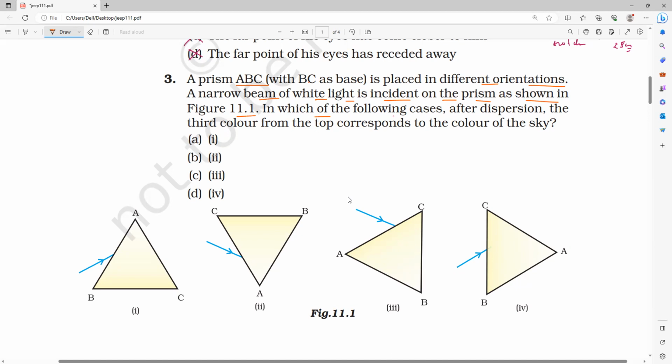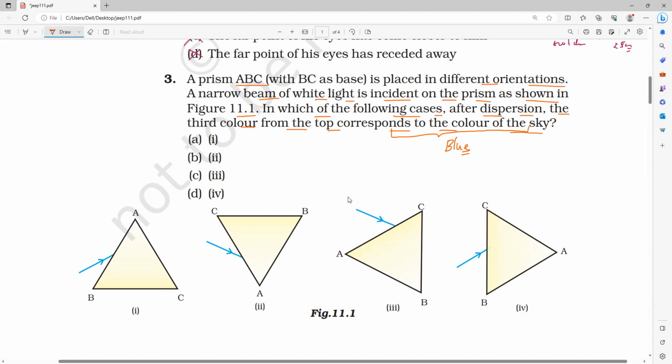In which of the following cases, after dispersion, is the third color from the top corresponding to the color of the sky? Be very careful. What is the color of the sky, everybody? Blue color.